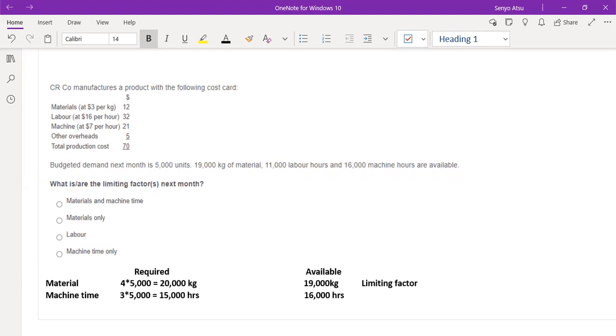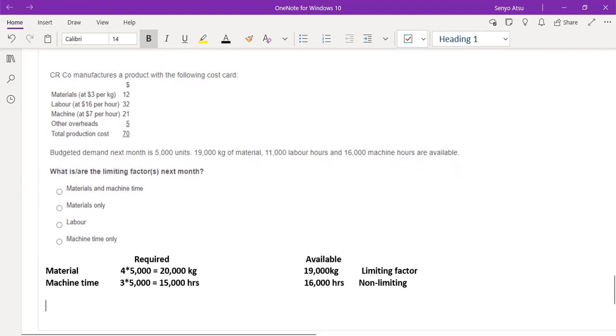So if I need 15,000 and I have 16,000, this is non-limiting. I'll select answer option A, sorry, B. Material is the only limiting factor. I did not spend time analyzing labor because I believe in what I did with material.